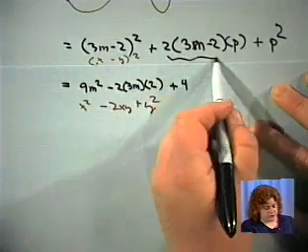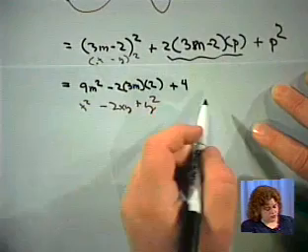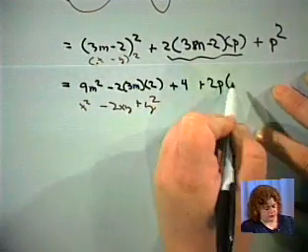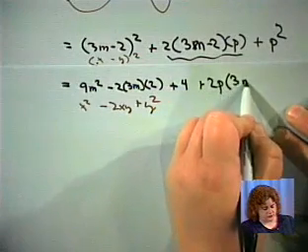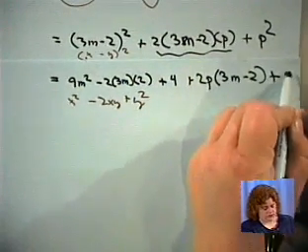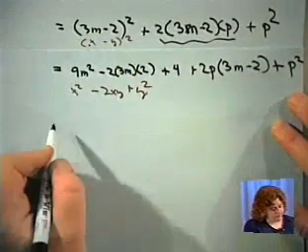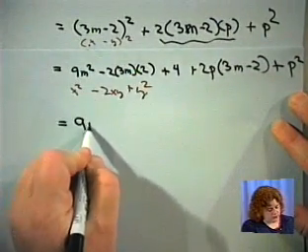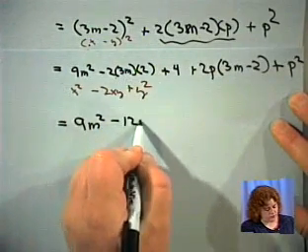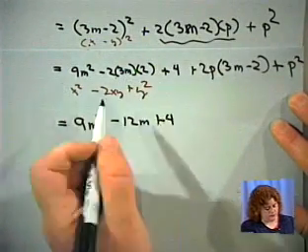Using the distributive property on that, let me just write it out first as 2p, so it's together and looking more comfortable, times (3m minus 2), and we still have the last hanging around. Well, we've got 9m squared. 4 times 3 is 12, minus 12m plus 4.